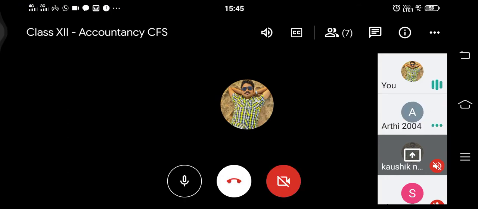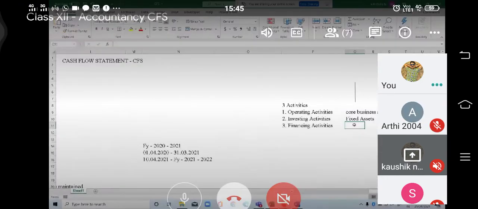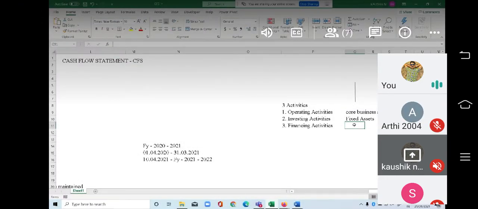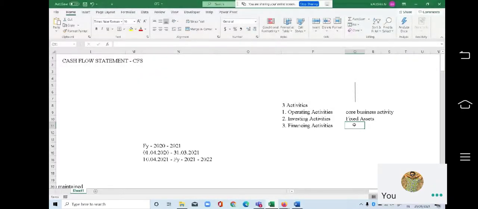Okay. So coming up to the next one, that is financing activity. When I say financing activity, it deals with capital, which we call in companies as share capital. Okay. So it deals with the share capital or it deals with the borrowings.